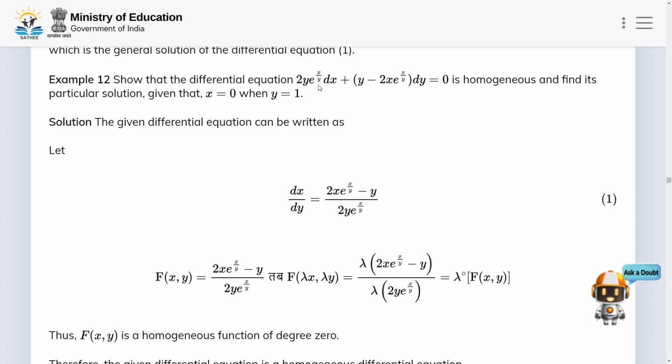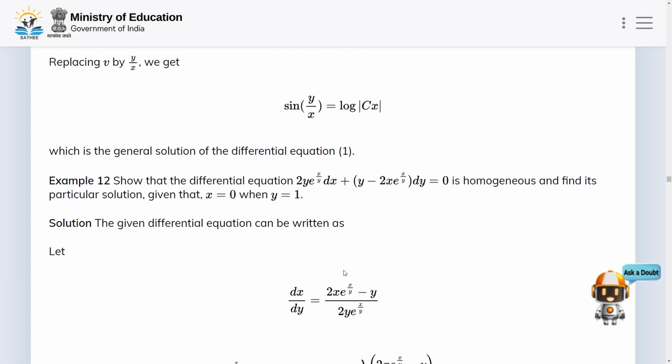Let us move to the next example. Show that this differential equation is homogeneous and find its particular solution given that x is 0 when y is 1. So dy by dx will be this. Sorry, dx by dy will be this. Now take y common from numerator and denominator.